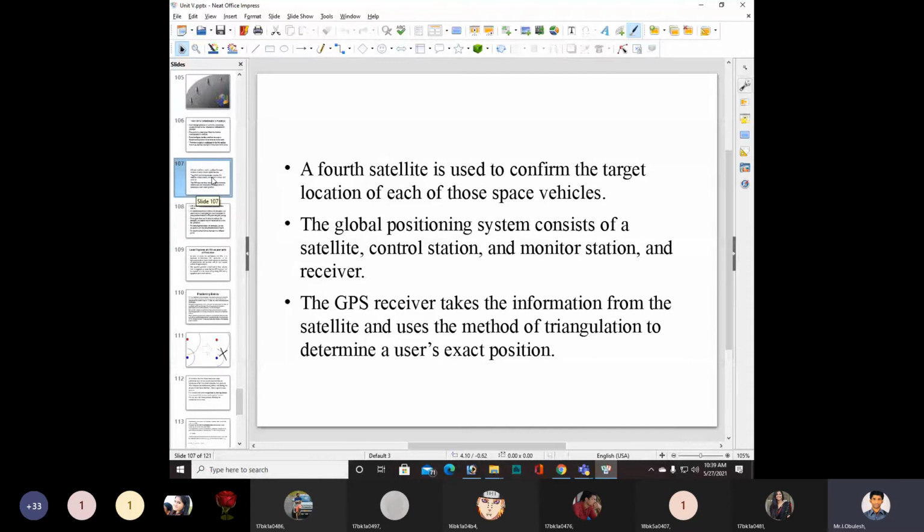A fourth satellite is used to confirm the target location of each of those space vehicles.